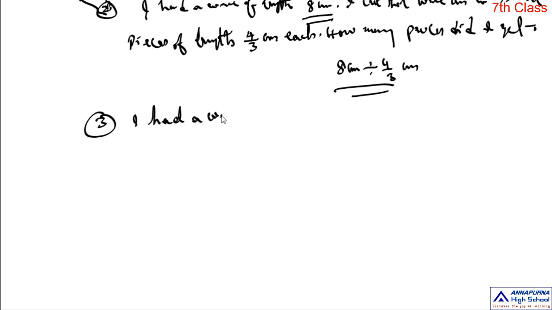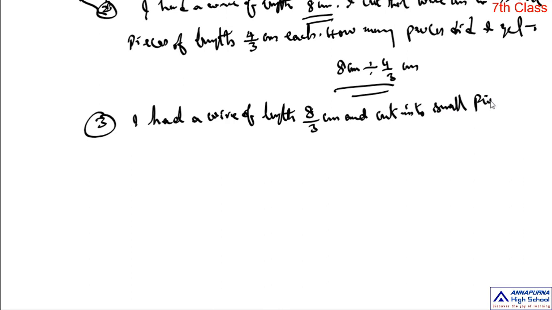Same problem: I had a wire of length, now instead of 8 centimeters, I used a fraction, 8 by 3 centimeters, and cut it into small pieces of length 4 by 3 centimeters each.